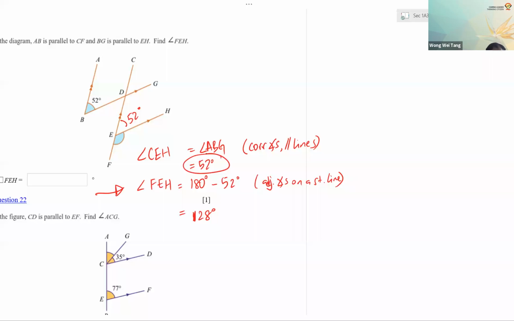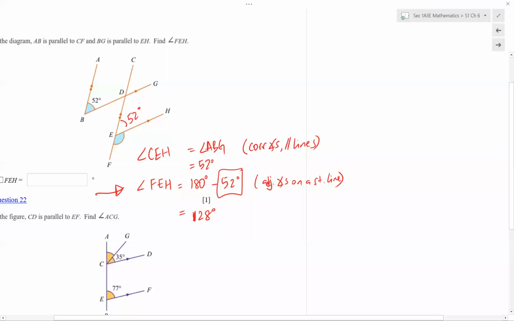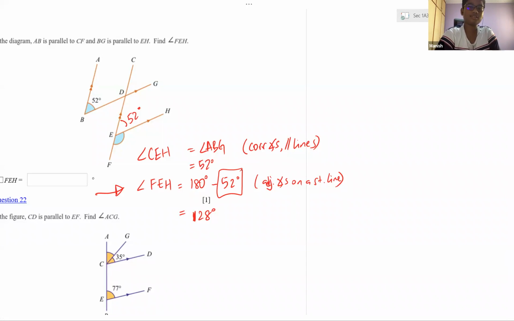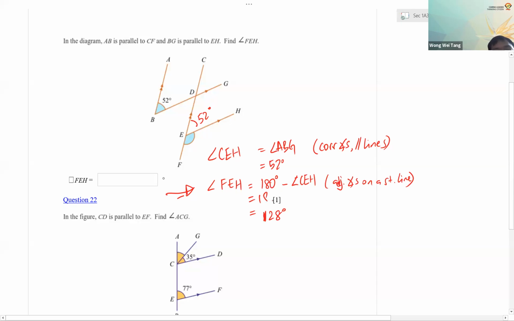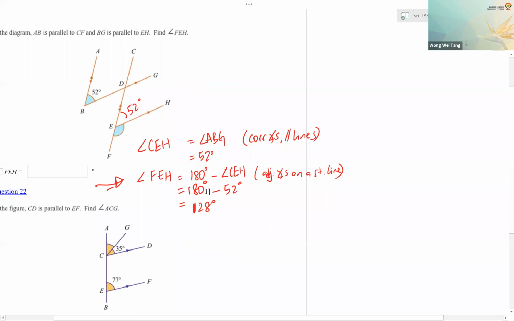Give it a name: angle CEH. Then in the next line, we do our substitution, 180 minus 52, and you get 128 degrees. Now, this is a better presentation for whoever is reading your work.